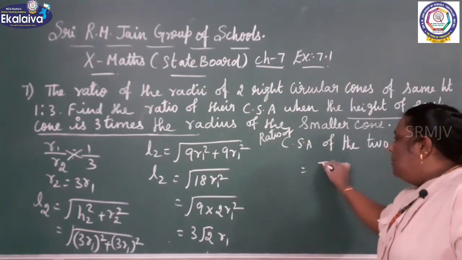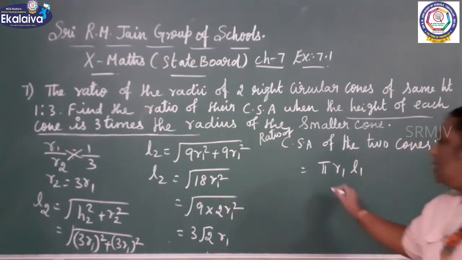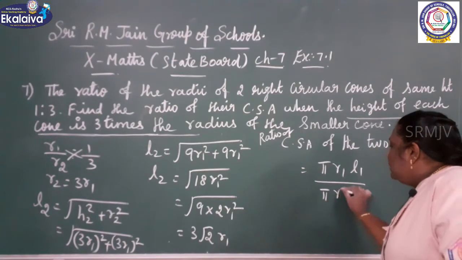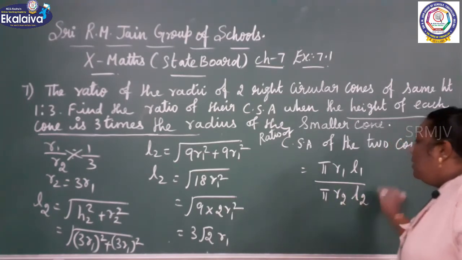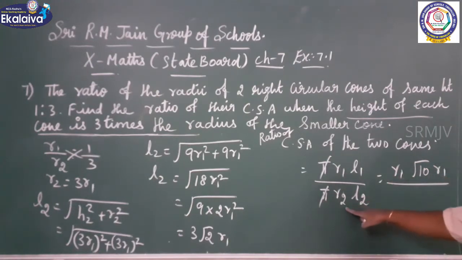Pi r L. So it gives pi R1 L1 by pi R2 L2. Pi gets cancelled. R1 into the value of L1, which is root 10 into R1, by R2.